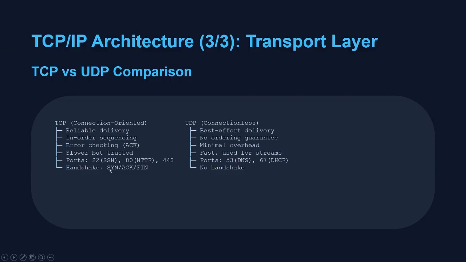Port 22 SSH, HTTP, HTTPS, all these are actually TCP. The handshake is SYN, ACK, FIN. UDP is best effort delivery, no ordering guarantees, minimal overhead, fast, used for streams, ports 53, 67, no handshake. So these are the things that we need to understand.